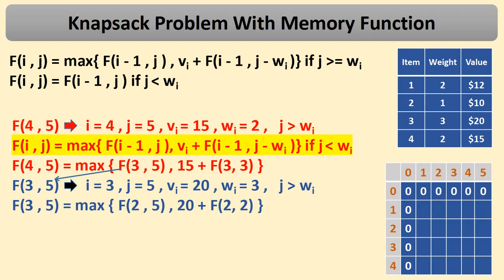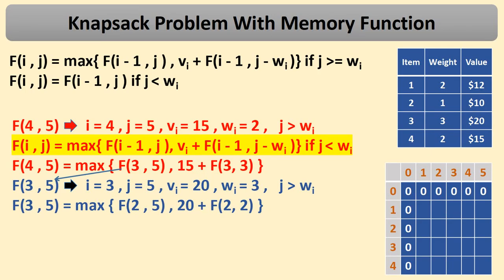So f of 4 comma 5 equal to maximum of f of i minus 1, so 4 minus 1 is 3, f of 3 comma 5, comma, then vi is 15, so 15 plus f of 3 comma j minus wi. Here j is 5 and w is 2, so 5 minus 2 is 3. So we have derived the solution for f of 4 comma 5.